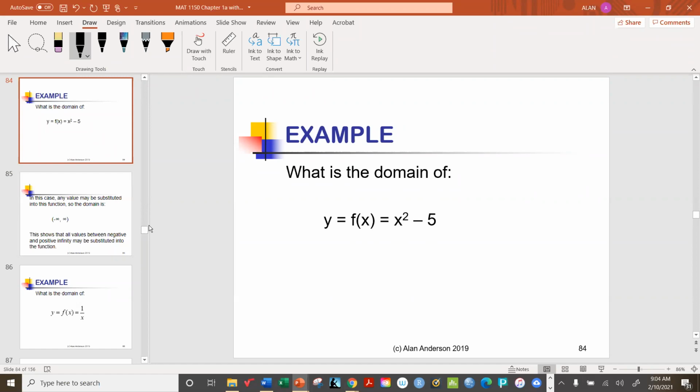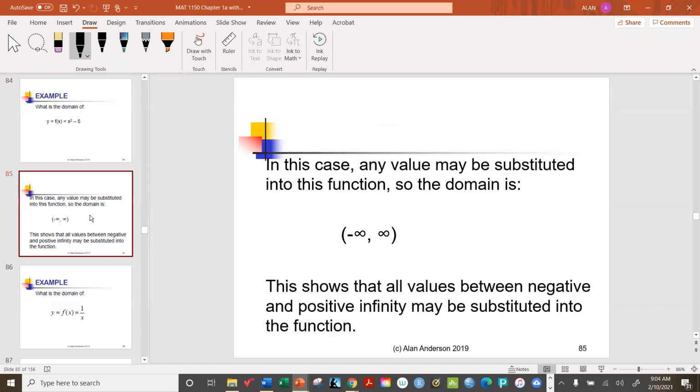The range is everything from -5 up to infinity.